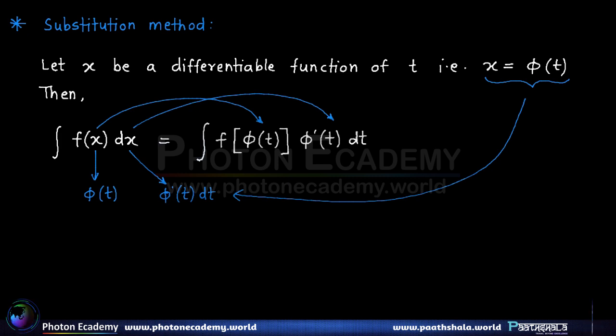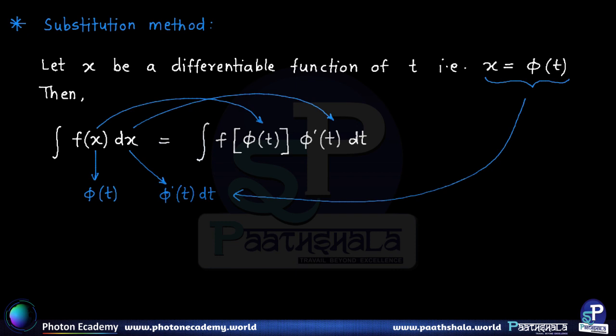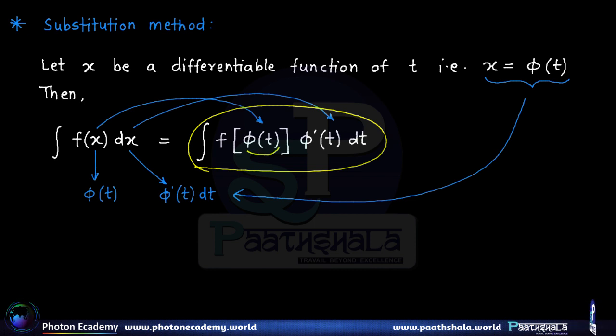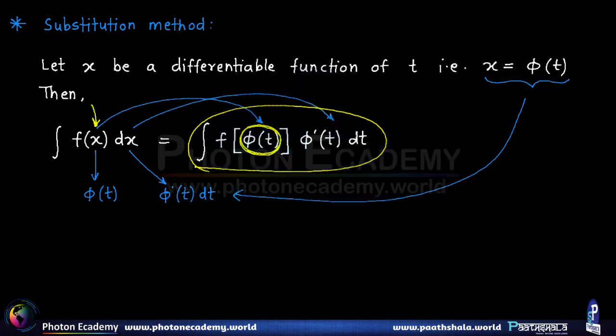In actual examples we use the substitution in the opposite direction. Often we will be given a question which involves a pattern like this, and what we do is try to find that particular function phi of t which we can replace with a single variable x. We must also have in the integral the derivative of that particular function, which can be replaced with dx, right?